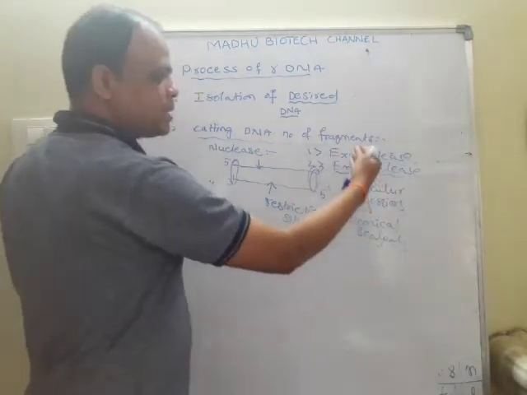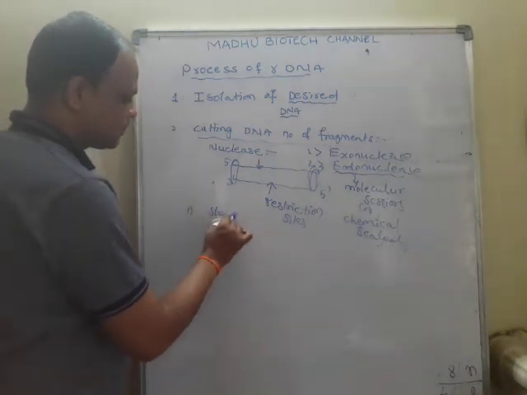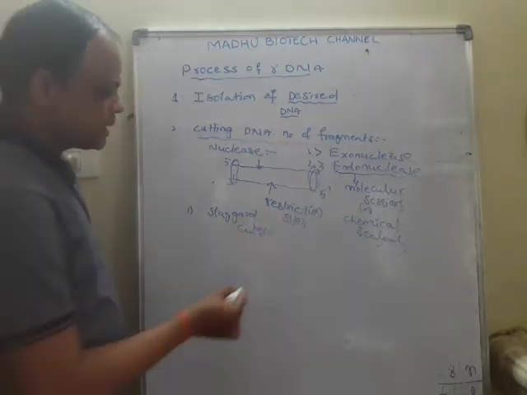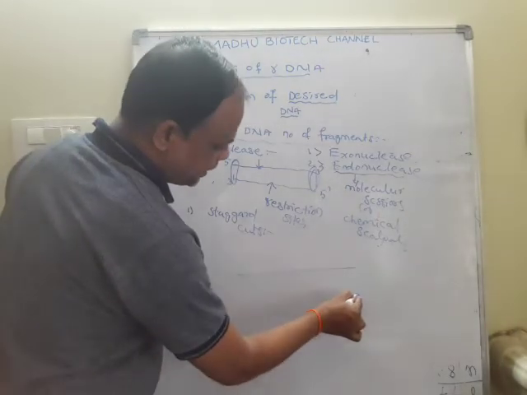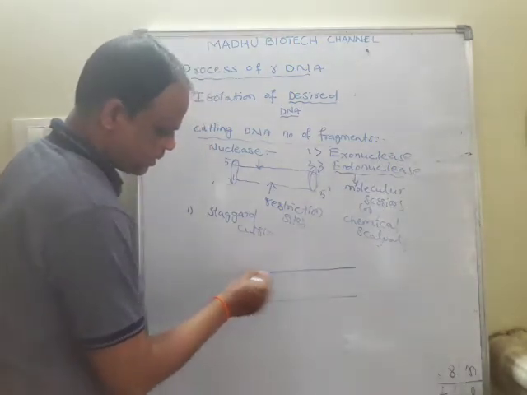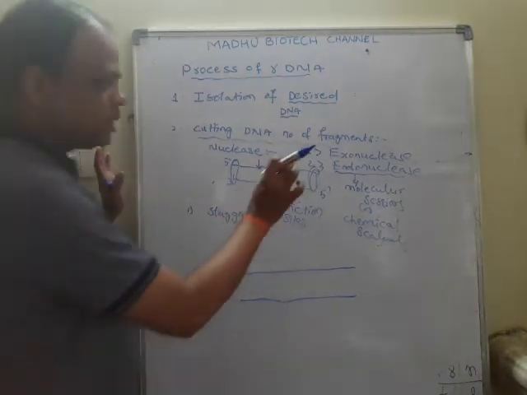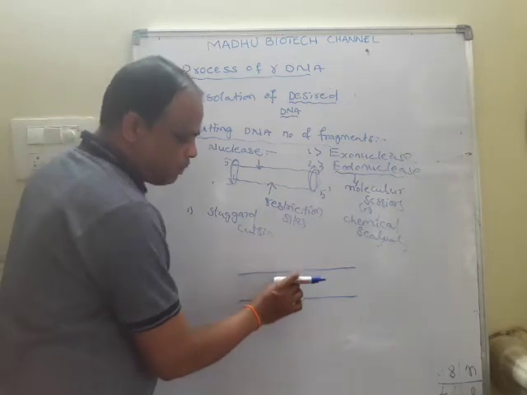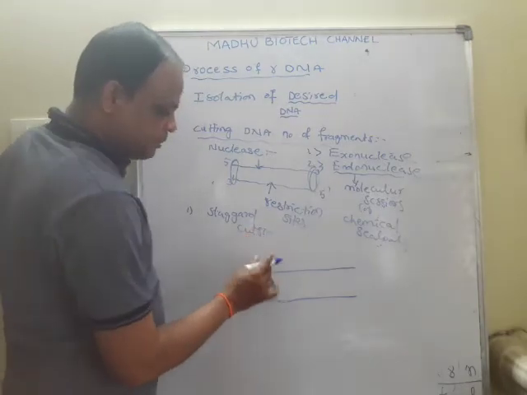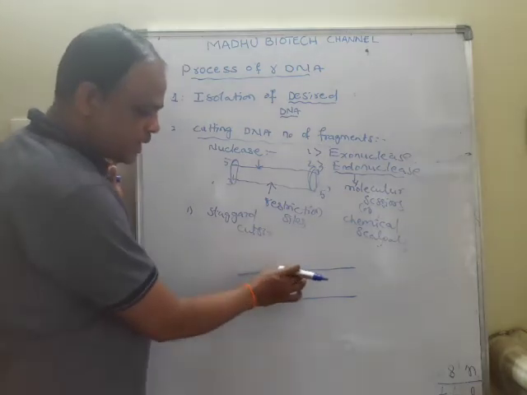Mainly the enzymes cleave in two ways. One is staggered cuts. Staggered cuts mean that the double stranded DNA base pairs open up, leaving unpaired 2 or 4 nucleotides on a single strand.